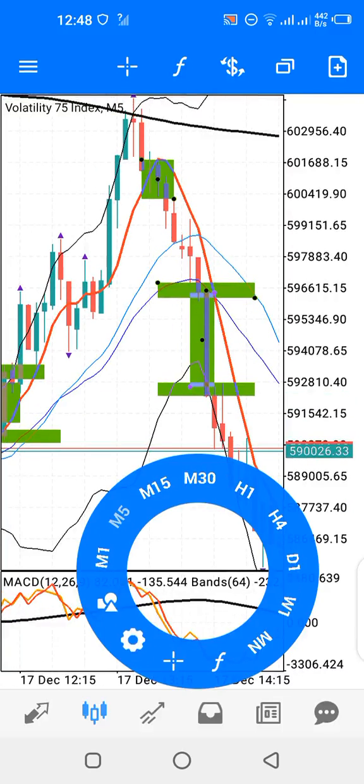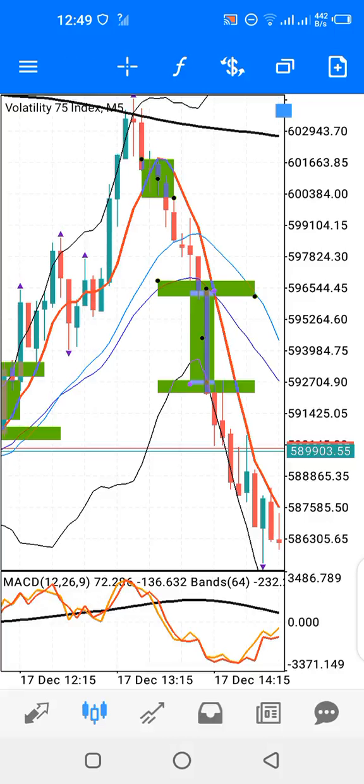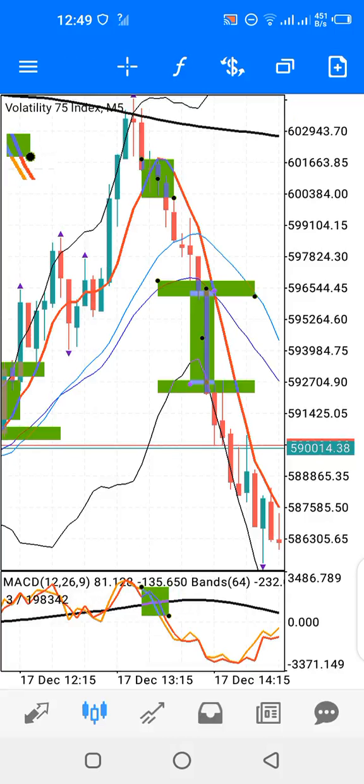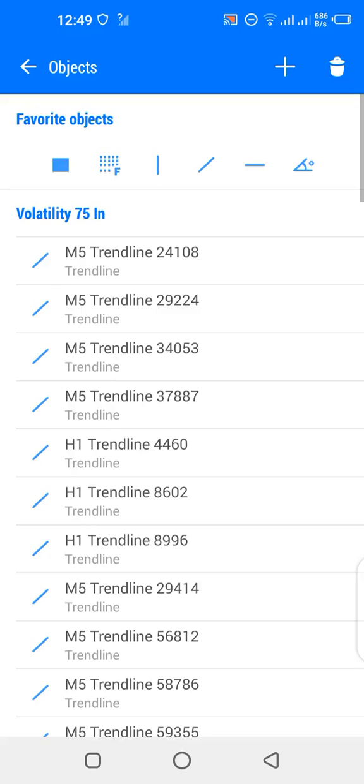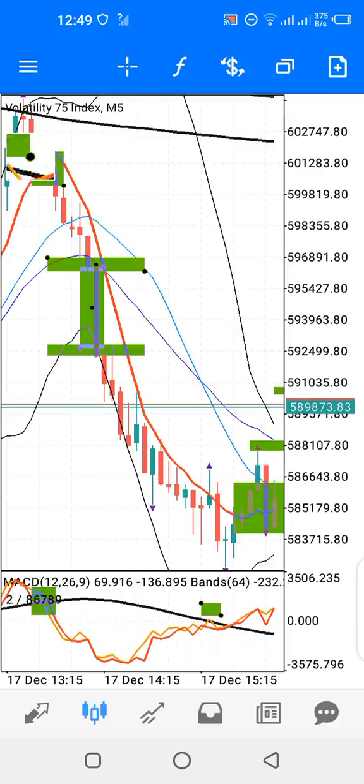Now how it works is, when the momentum indicators, the red and the orange lines, cross the 50 period moving average down, that is your sell signal. When it crosses up, that is your buy signal.